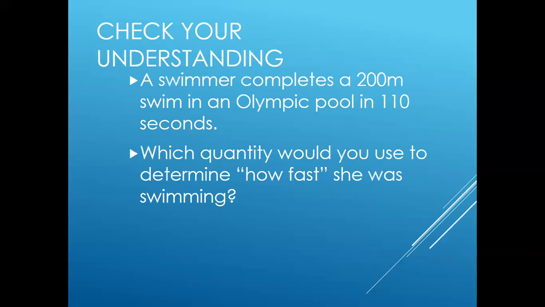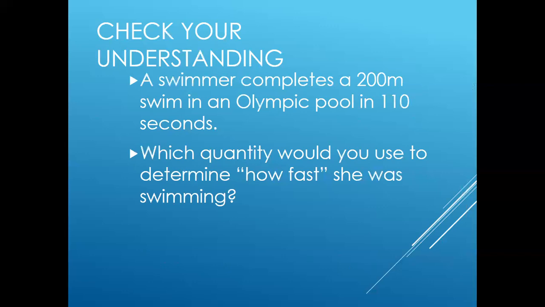Hopefully you said speed. In an Olympic pool, a 200-meter swim, as I mentioned, would be 8 laps. So if we were to try to calculate velocity using displacement over time, we would end up with a 0 in our numerator because her displacement is 0. Her start and finish point are at the same spot.